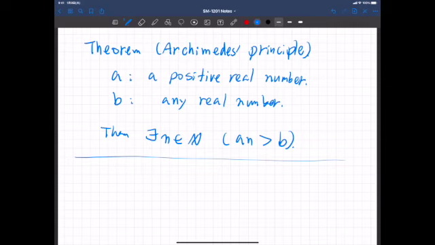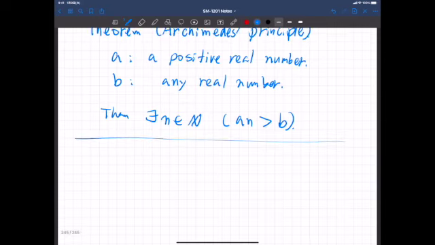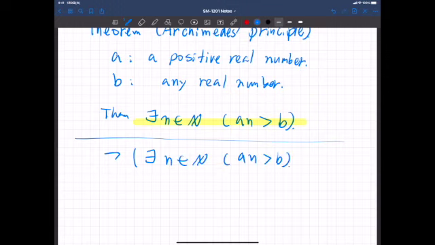We prove this by contradiction. That means let us negate this proposition. The statement says there exists some natural number such that an is greater than b.